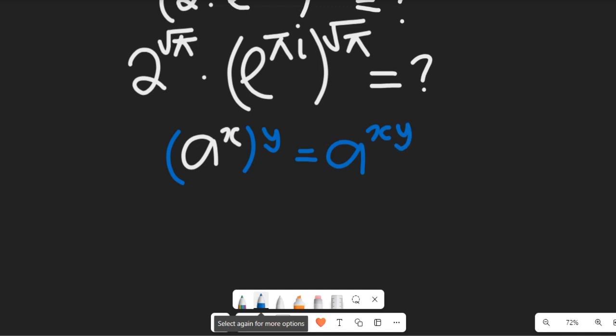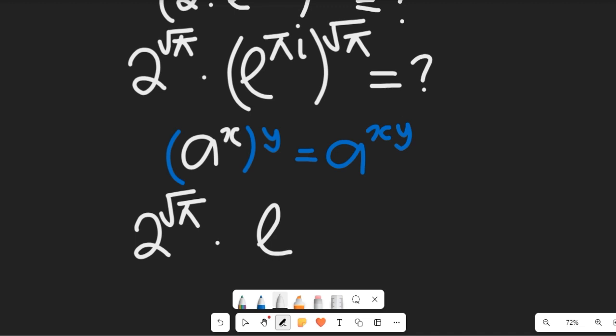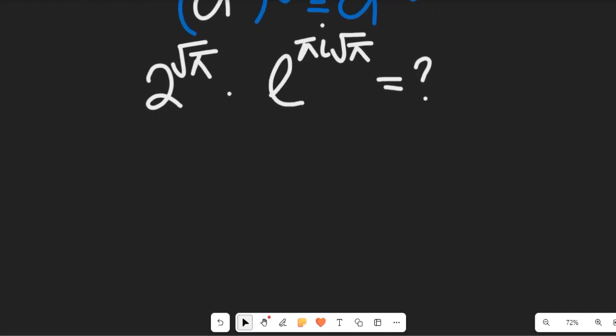So if we apply that to this expression, we'll have 2 to the power of the square root of pi, which is stable, multiplying the exponent of pi j multiplying the square root of pi. So what will this expression give us? In the next step, we'll expand, and if we expand, we're going to simplify this.